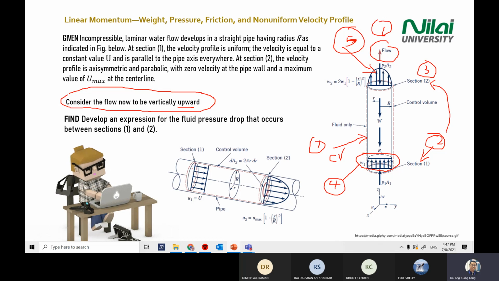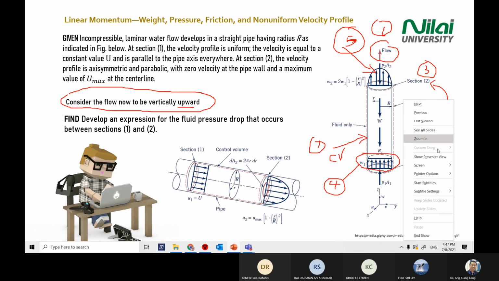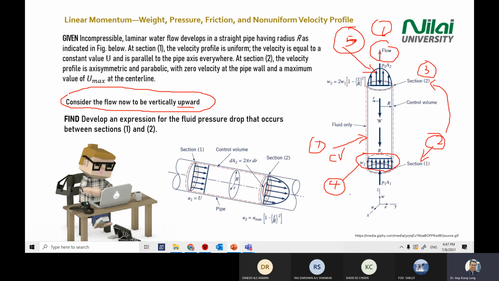Then convert the pressure into forces. Starting from step number 7, you put the forces in. So step 7 is you convert pressure to force, at the inlet and outlet here.